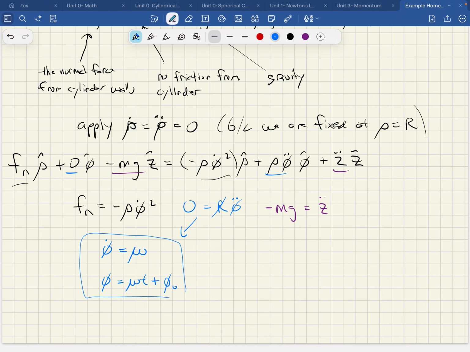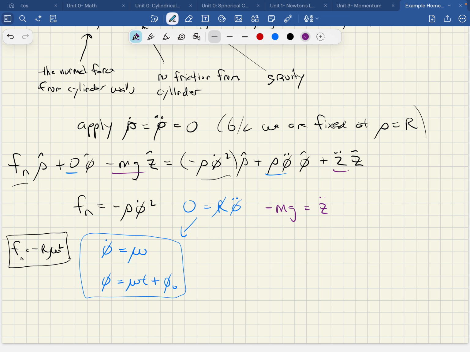So this is the motion in the phi direction. And by the way, since phi dot is a constant, we can go ahead and plug in and find that the normal force should be equal to minus r omega squared, and that also is going to be a constant.